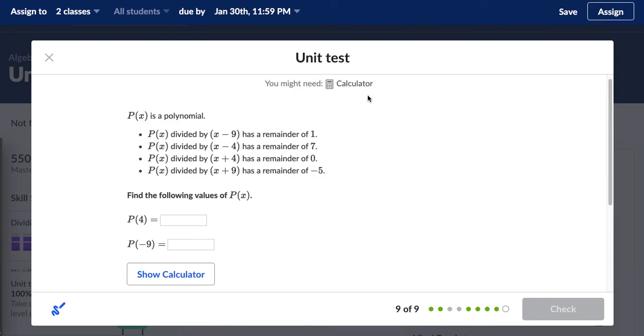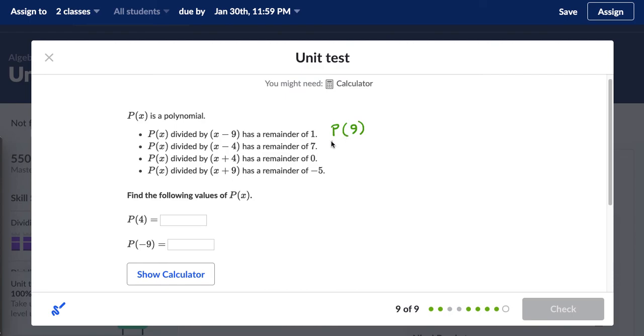Remember, the polynomial remainder theorem tells you that your remainder is given by solving the inverse of whatever is the second term in the binomial. So for example, this one here is p of 9.